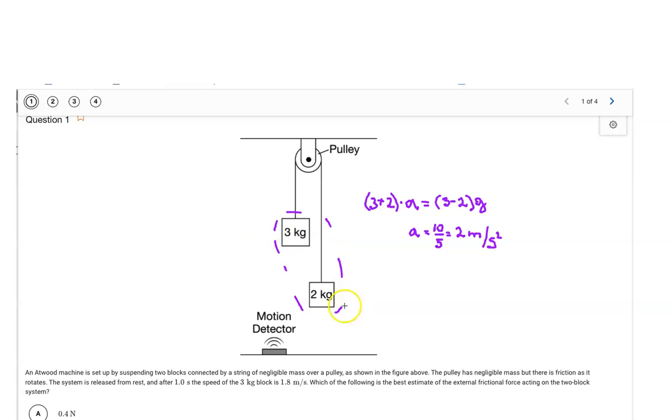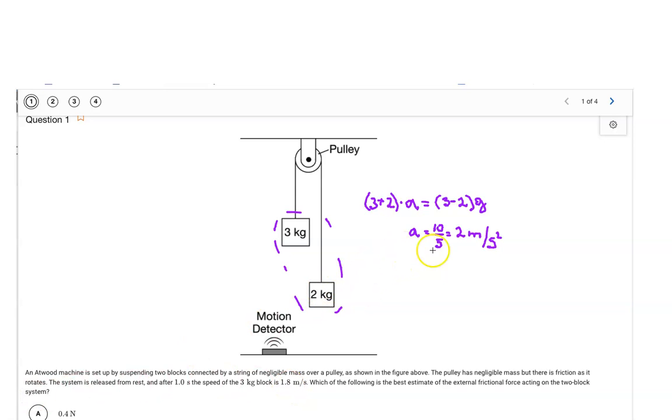That is acting on these two masses. So we consider this as an outside force on the two masses and the pulley, that's our system, but the friction from the pulley is an outside force as well as the gravity. So it reduces the acceleration.